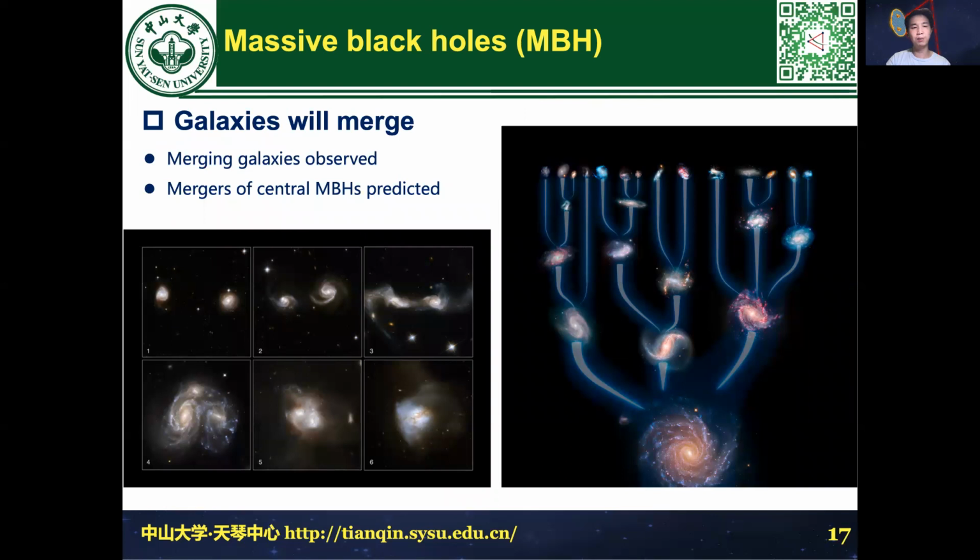This is some observational evidence showing that galaxies merge. So the common sense among astronomers is that the galaxies will merge, while the central massive black holes will also merge with the merger of galaxies. However, exactly how this process works is still an open question because there are so many uncertainties.